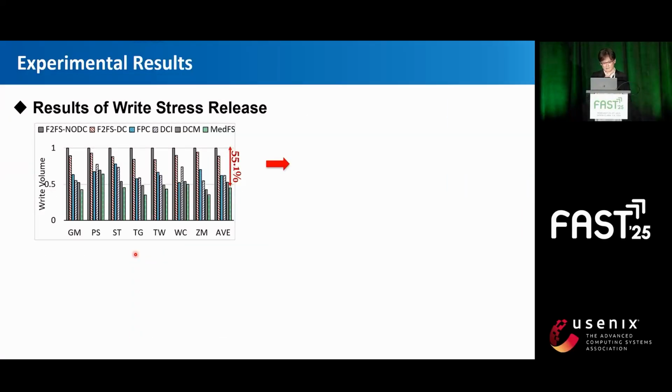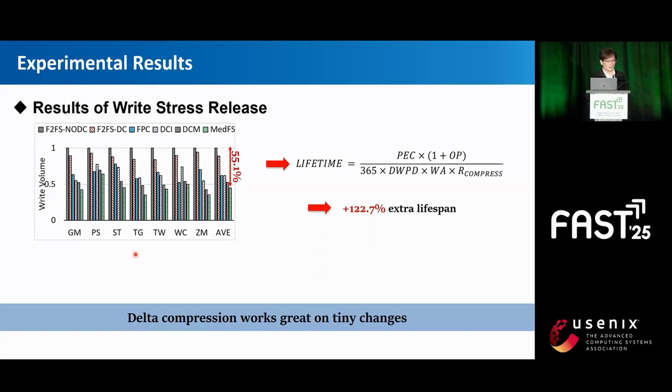This is the main result. As you can see, on average, we reduce the write traffic by more than 50%. That is really considerable, right? And this can translate into a lifetime expansion of more than 100%.